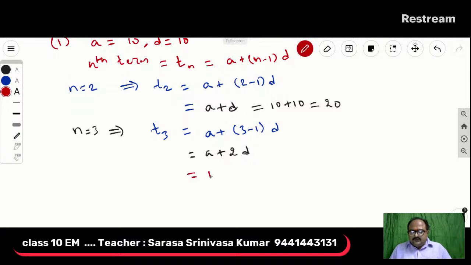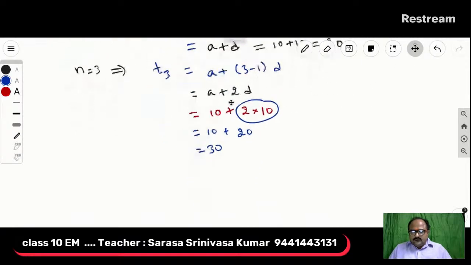Here A equal to 10 plus 2 multiplied by the common difference D, which is 10. It is given. So this is 10 plus 2 multiplied by 10, which is 20. This is equal to 30.